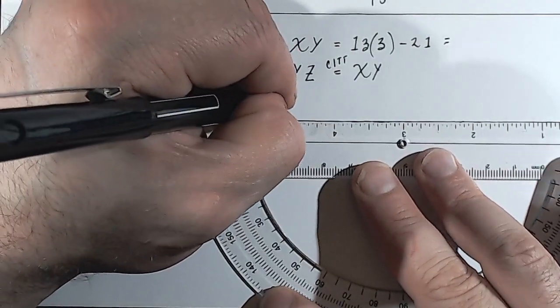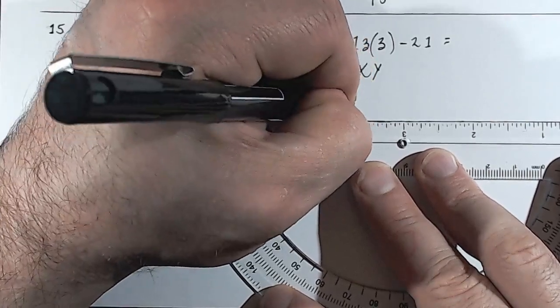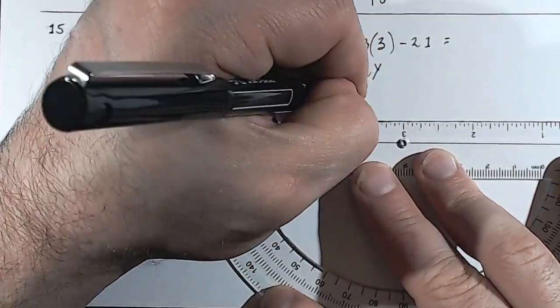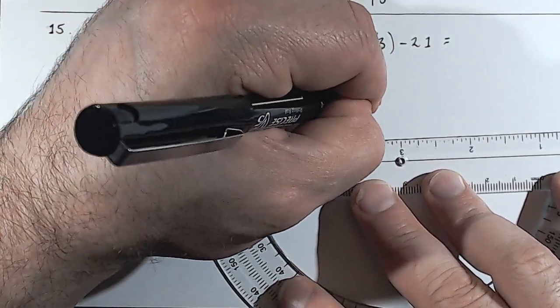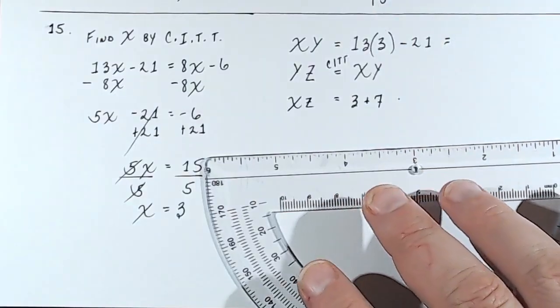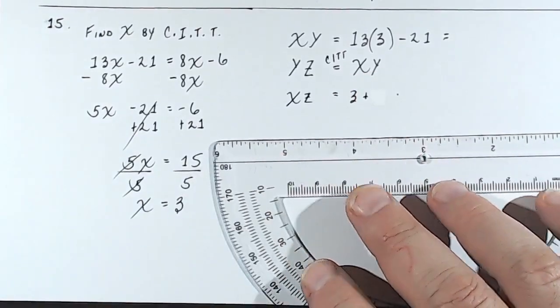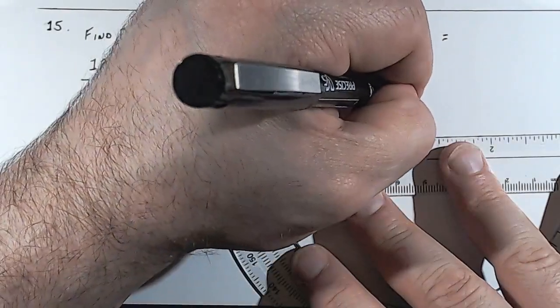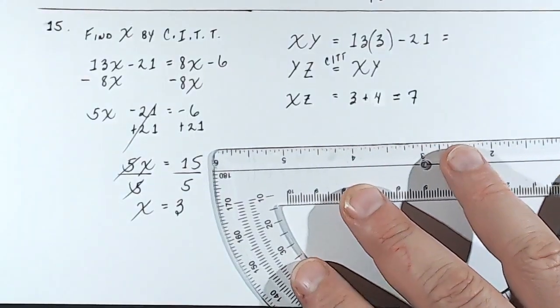And XZ equals x plus 4. X is 3, so it's just 3 plus 4, which equals 7. Okay, so XZ is 7.